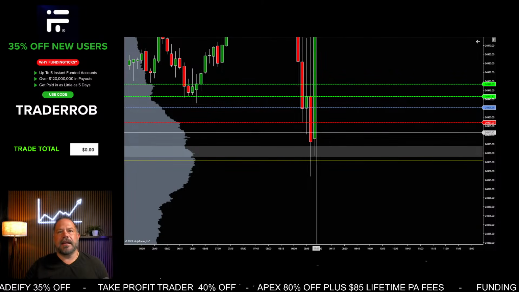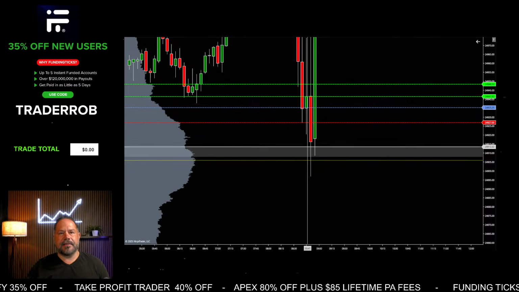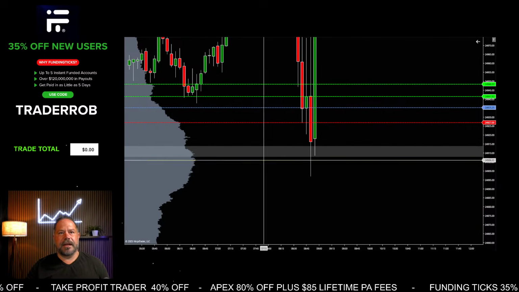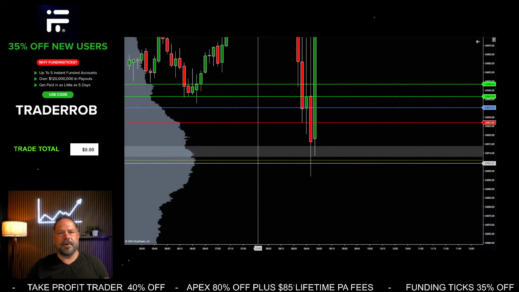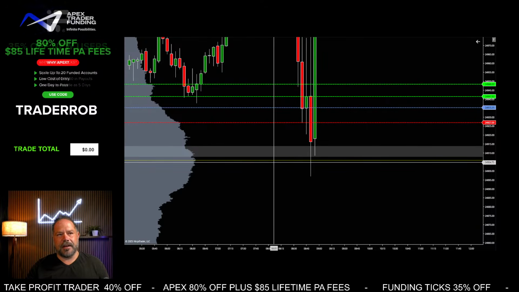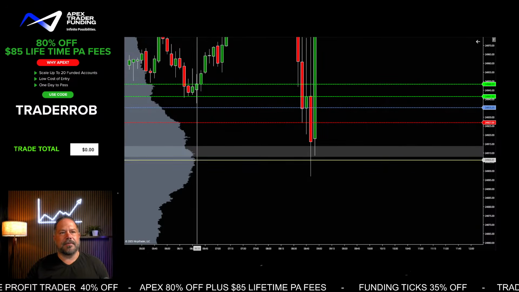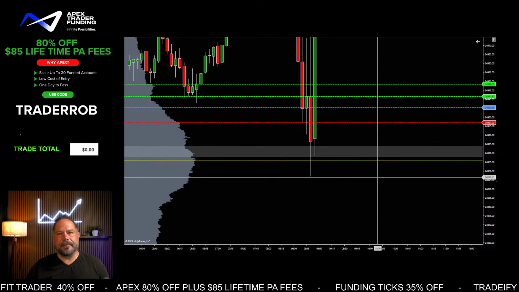Okay. Now for the secondary area that I found sitting right above the point of control, or let's just call it the high volume node, highest most peak.